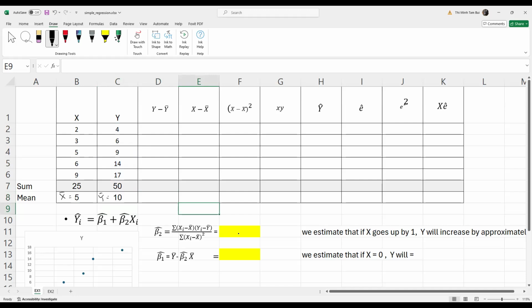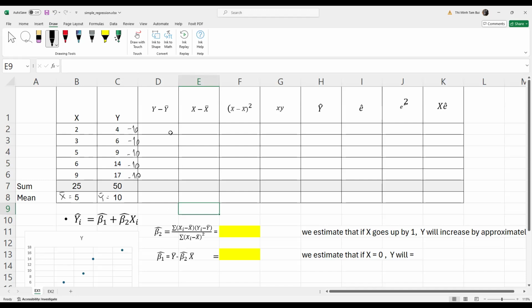And then in the formula, they said you have to use yi minus y bar, xi minus x bar. What does this mean? It means each y, you have to subtract 10 from it. So here, minus 10, for each value.